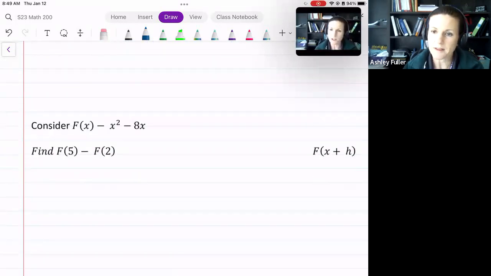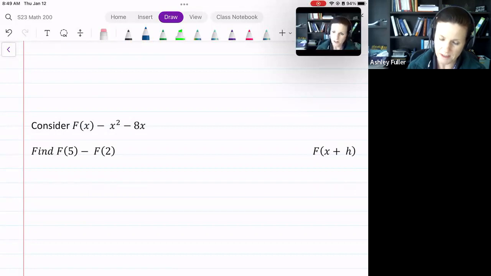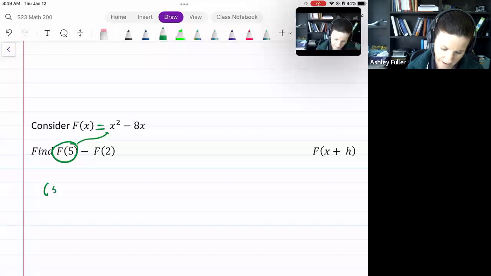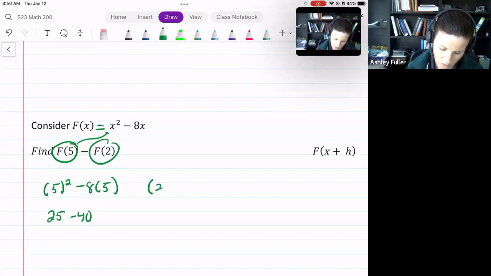Sometimes there's a little more complicated function. Do not do anything differently. So for example, here, I'm going to first calculate f of 5, which following this rule will be 5 squared minus 8 times 5, which gives me 25 minus 40. And then for this, I'm going to have 2 squared minus 8 times 2, which gives me 4 minus 16.